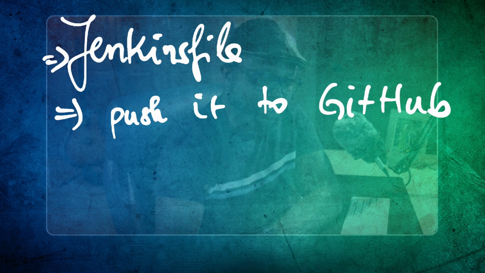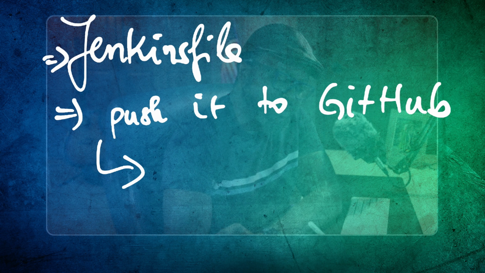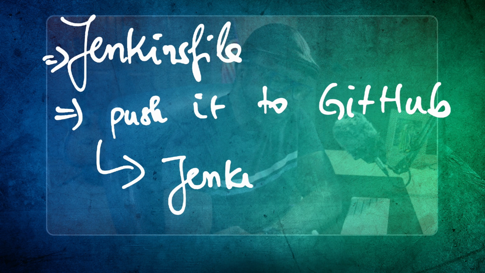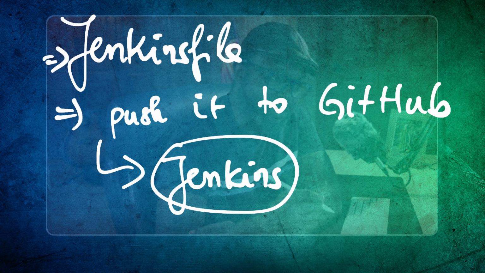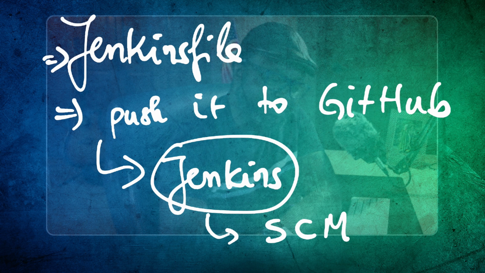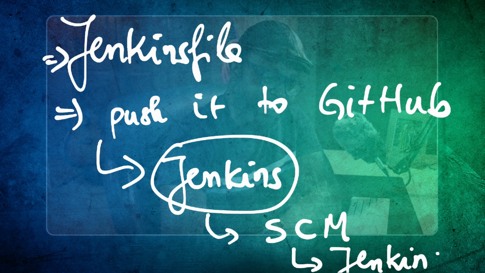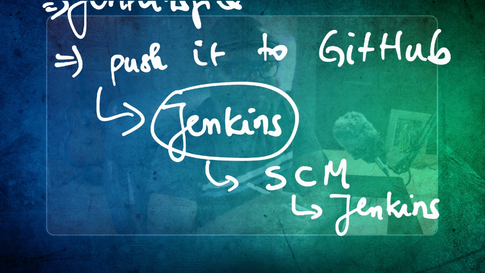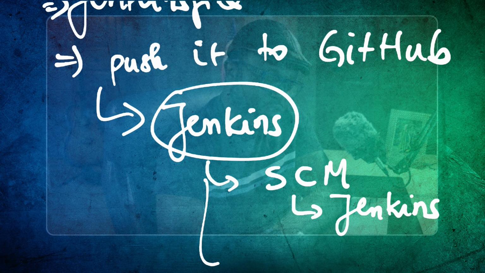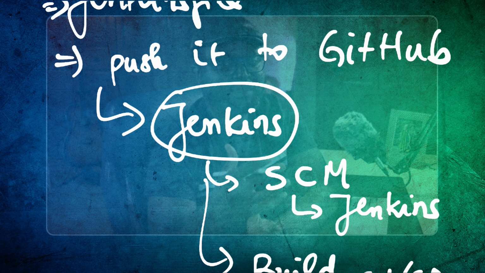And after you push it to GitHub, now on Jenkins, you're going to use GitHub as your source code management. And this will pull the Jenkins file. It's going to find the Jenkins file. And then once you do that, you just go ahead and build your CI and CD. And that's it. This is how you do it.